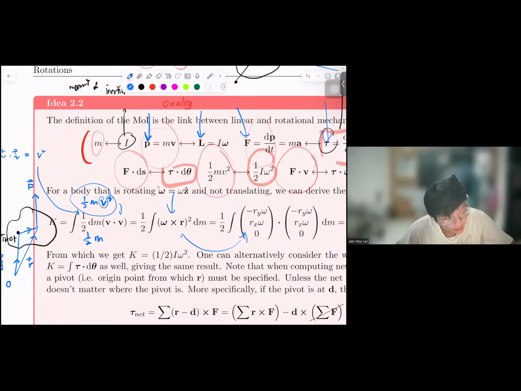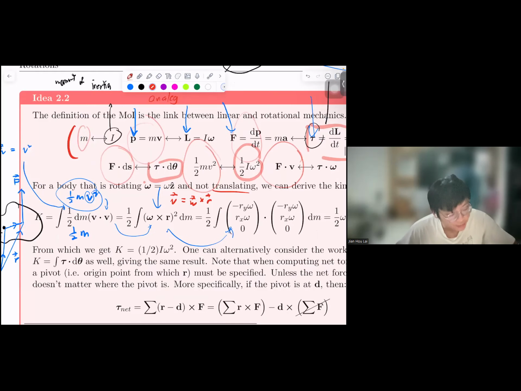Then we go to the cross product. Let's say it's not translating, it's just our rotating object.